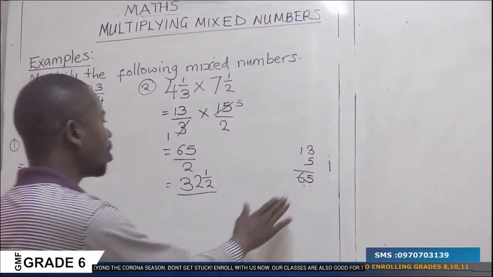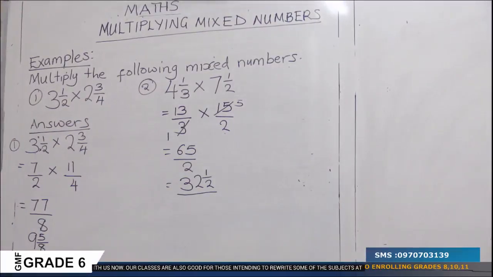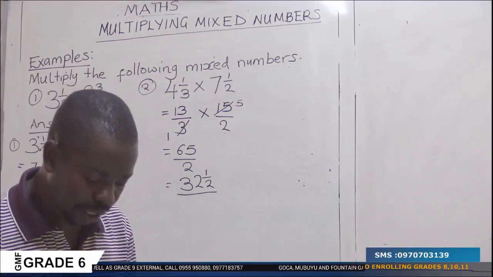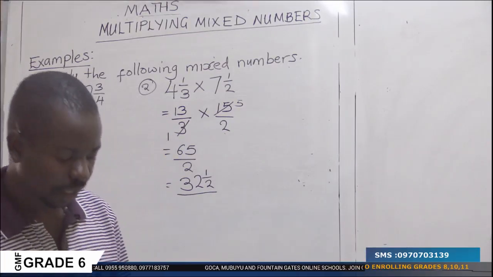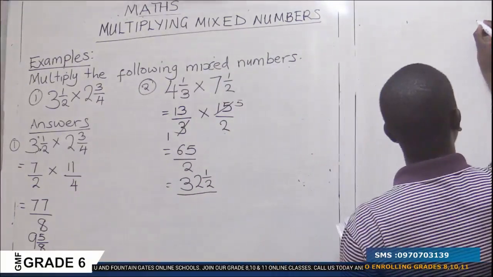So those are the examples that I've given you, boys and girls, in order for you to copy in your exercise books. So let me give you homework, just for you to have something to do at home.